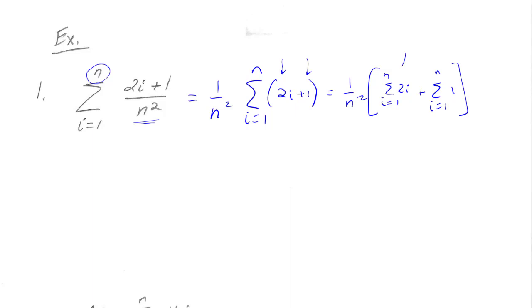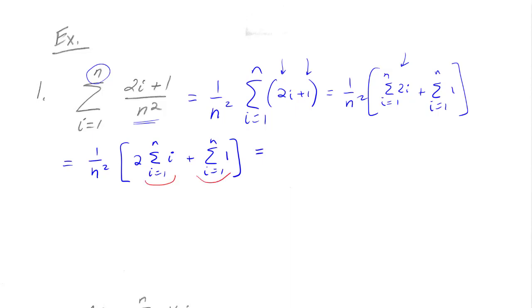And then even within this one, I can take out a 2. So now I have 1 over n squared times 2, the sum i equals 1 to n of i, plus the sum i equals 1 to n of 1.